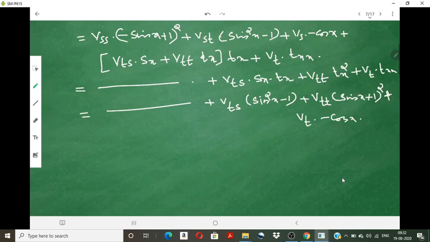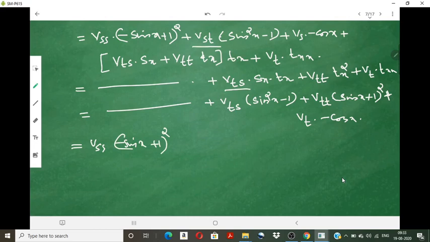Now combining all this, we will get Vss. The coefficient of Vss is minus sin x whole square, that is minus sin x plus 1 whole square. There is no other term containing Vss. Now Vst: there is a Vst term and a Vts term.